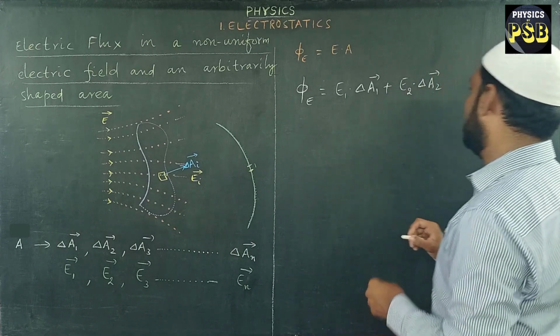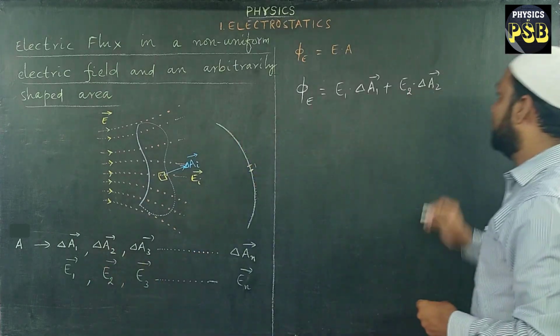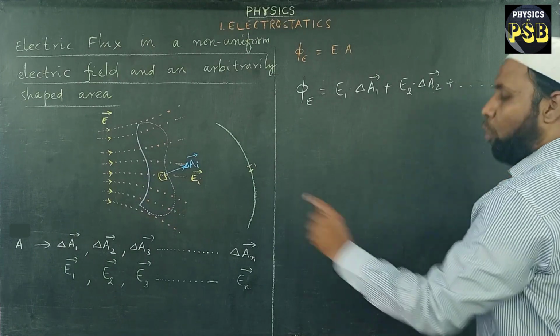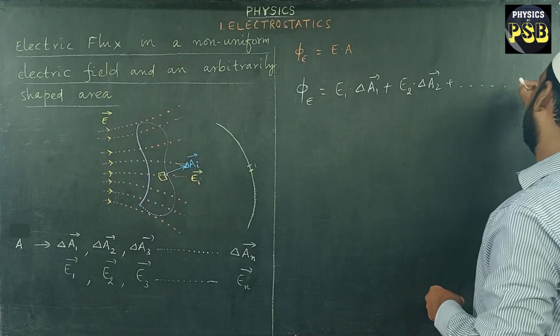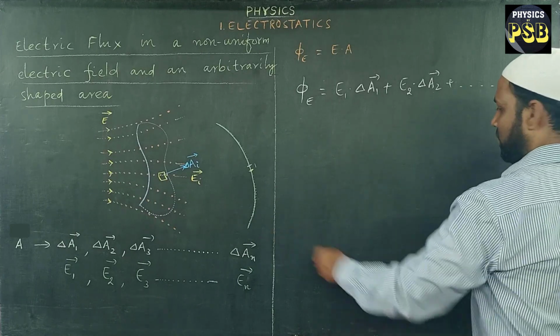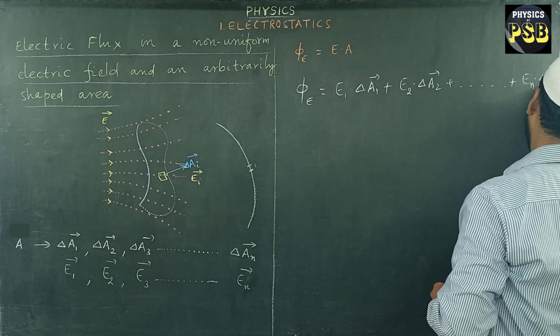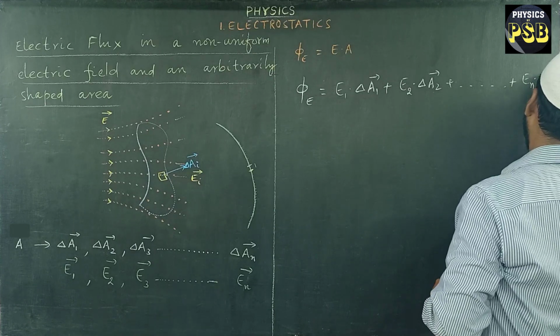Multiplying these two, we get the electric flux for this area element, and we will do the same for all the area elements, and at the end we get this last one, nth segment, En into delta An vector.